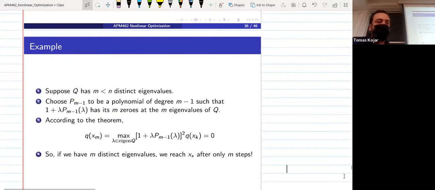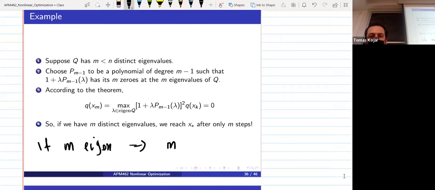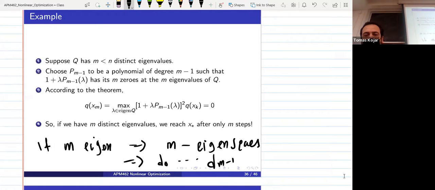And then the comment we wanted to make here is that you can go faster. If you have m eigenvalues, that means you have m eigenspaces. So then you have d_0 to d_{m-1} directions. So you will go faster because you have fewer directions to move along.